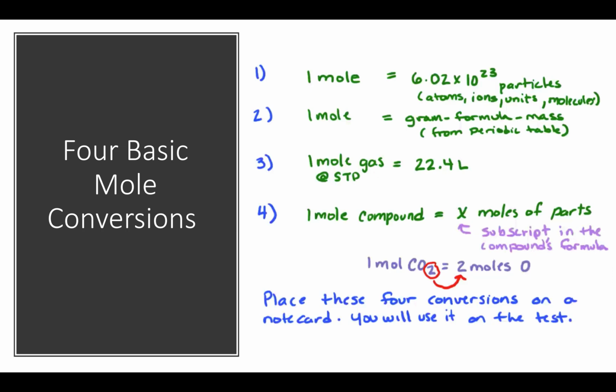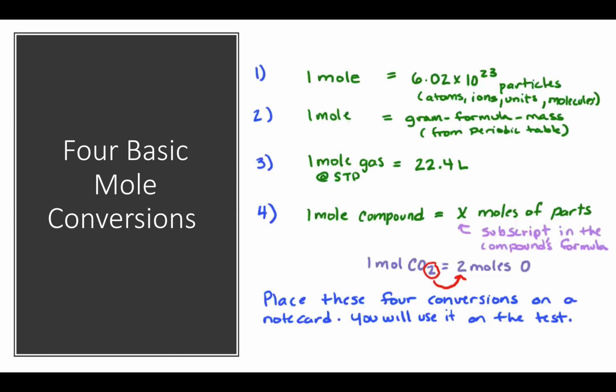The four basic mole conversions are these. First, 1 mole is equal to 6.02 times 10 to the 23rd particles. Particles could refer to atoms, ions, units, or molecules, so make sure you write down that whole thing, even what's in the parentheses.